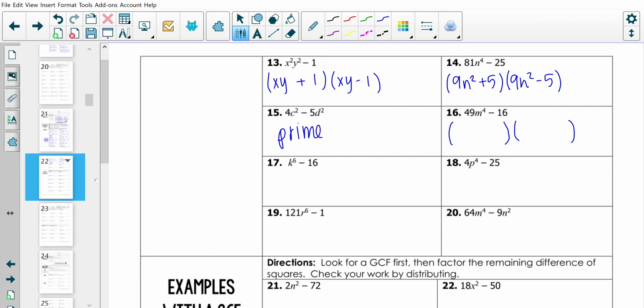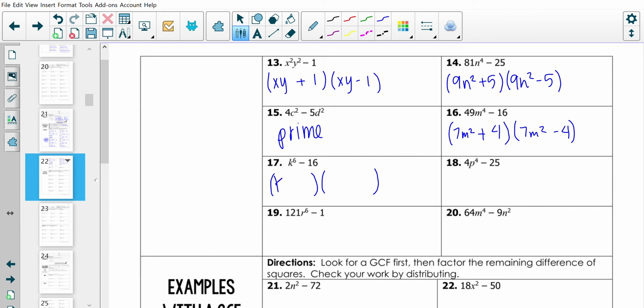Square root of 49, 7. M to the 4th would be m squared. Square root of 16 is 4. Okay. On number 17, remember that when you are finding the square root of something that has an exponent, you are dividing the exponent, not finding the square root of 6.